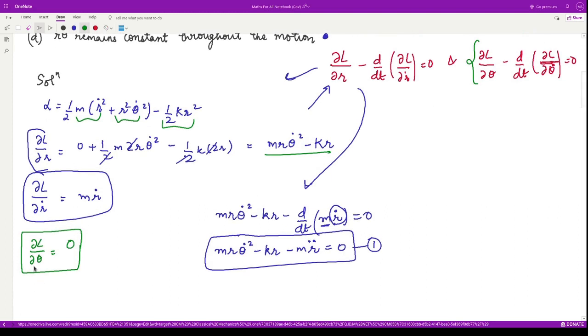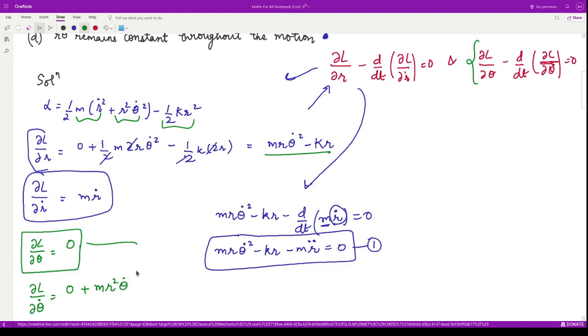We have del L by del theta equal to 0. Now let us calculate del L by del theta dot. The first term does not contain theta dot, so it would be 0. The second term contains theta dot, so it would be m r square theta dot. The third term also does not contain it. So del L by del theta dot is equal to m r square theta dot.